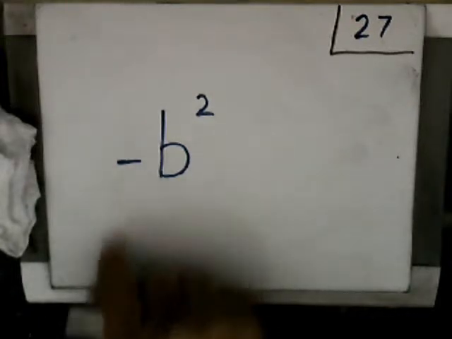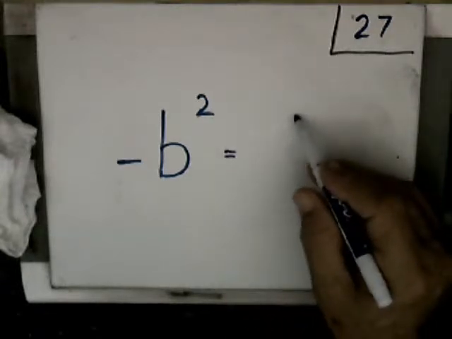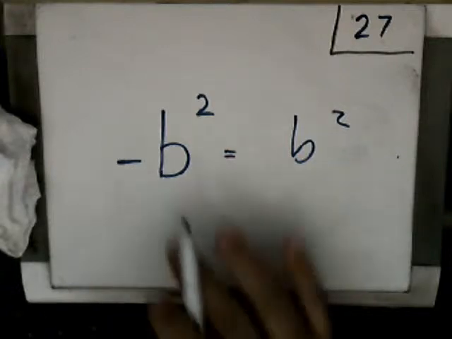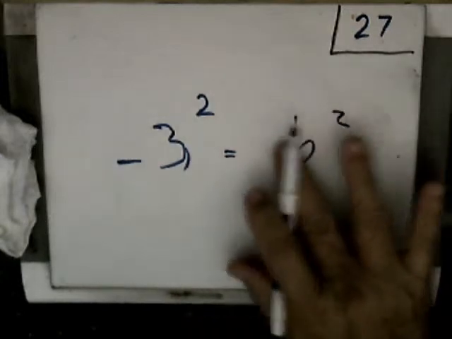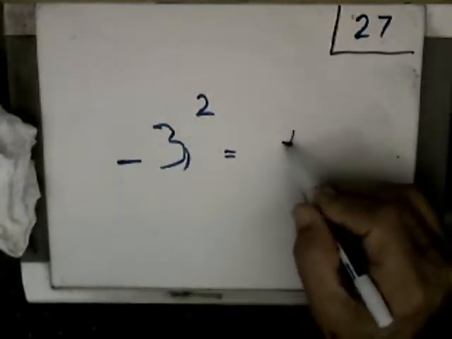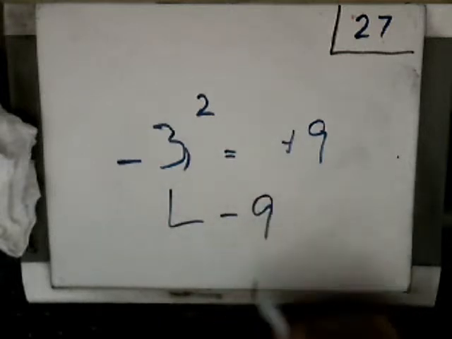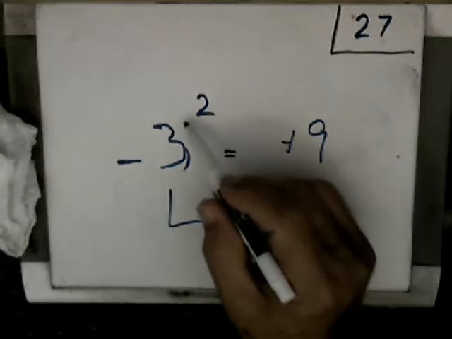A lot of students would tend to say, oh, well, this is equal to b squared. Or if I gave you a number here and I said, well, that's 3, you would say, well, that's equal to plus 9. Well, no, it isn't. It's equal to minus 9. That's because this negative is beyond the reach of this exponent.